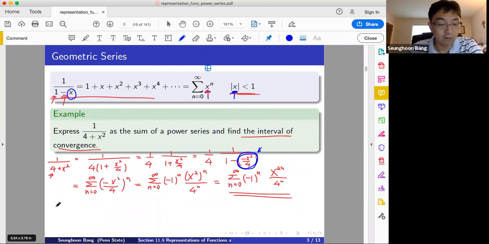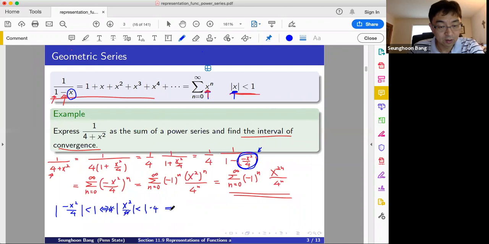So we have the absolute value of negative x squared over 4 is less than 1. You solve. Eliminate the negative sign, just the absolute value of x squared over 4 is less than 1. You can multiply both sides by 4. The 4 is cancelled.